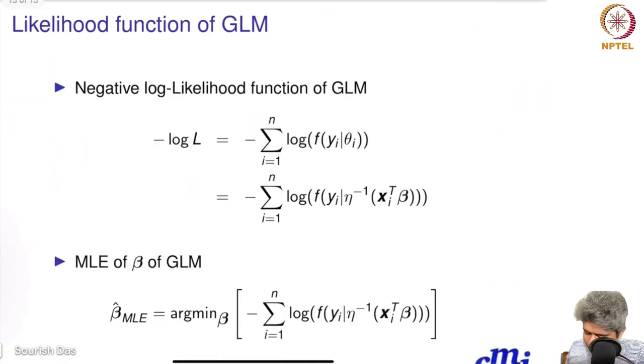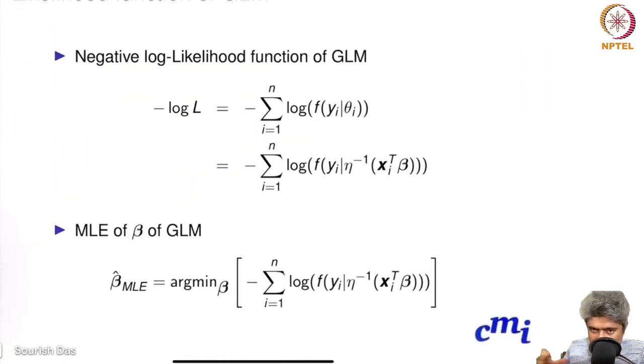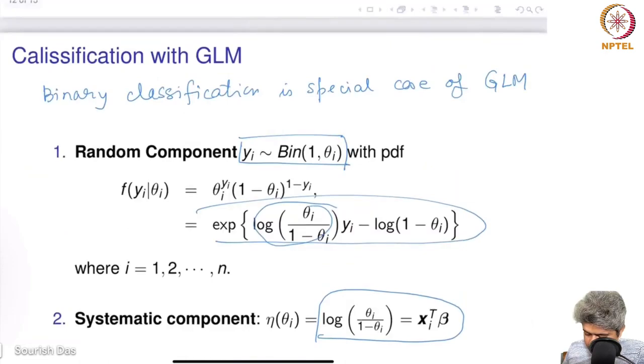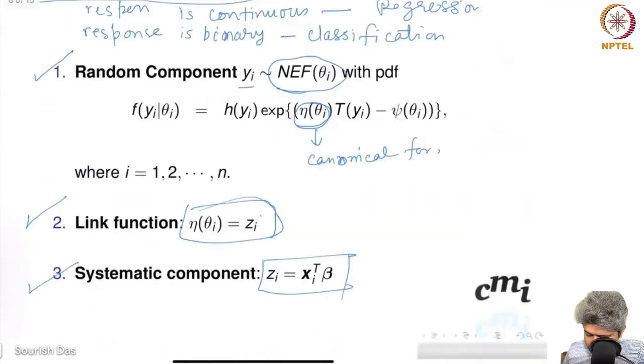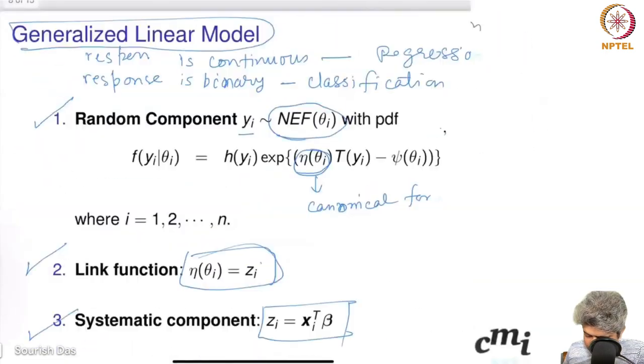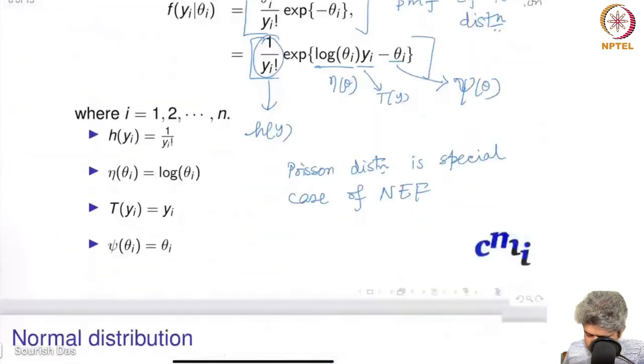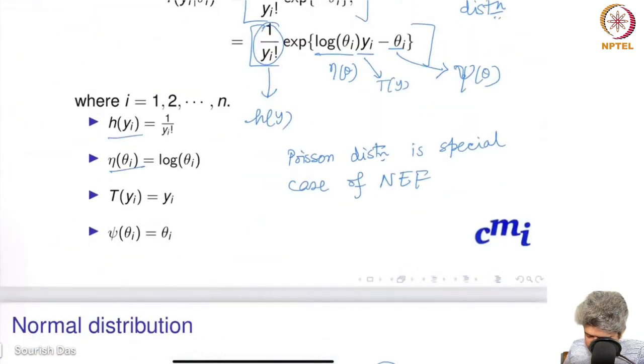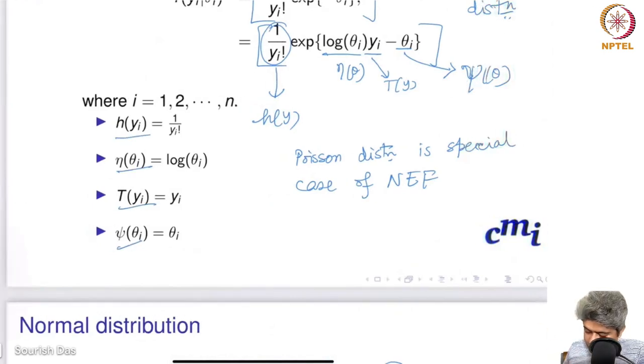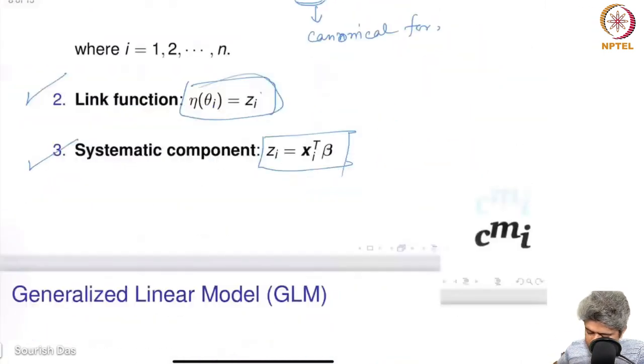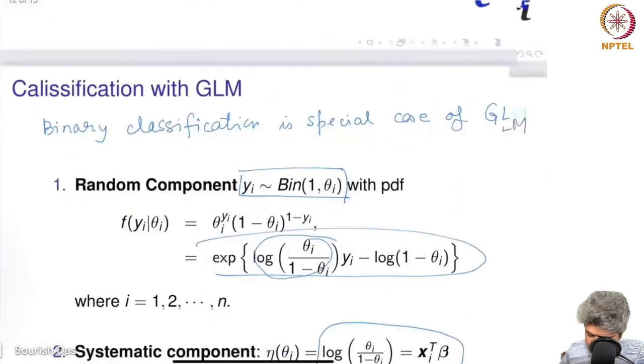So now all you have to do is define each function of the natural exponential family separately, like when you go back to the natural exponential family, the way you define it: h of y, eta of theta, T of y and psi of theta, each of them defined as a separate function in your program.